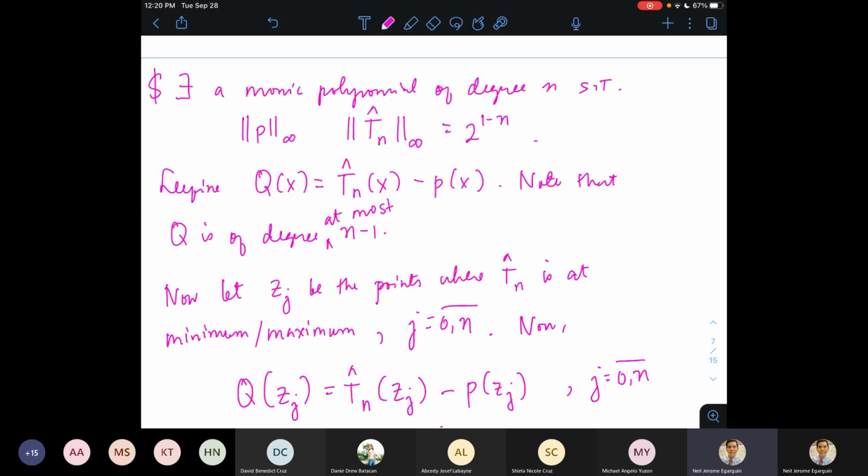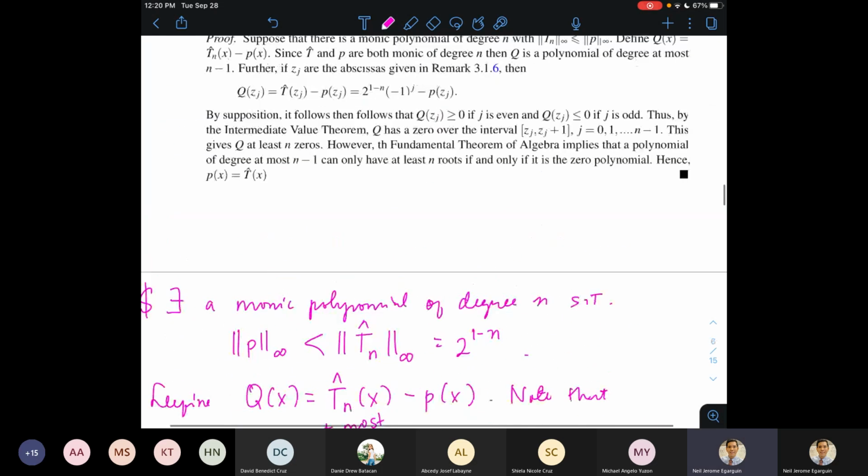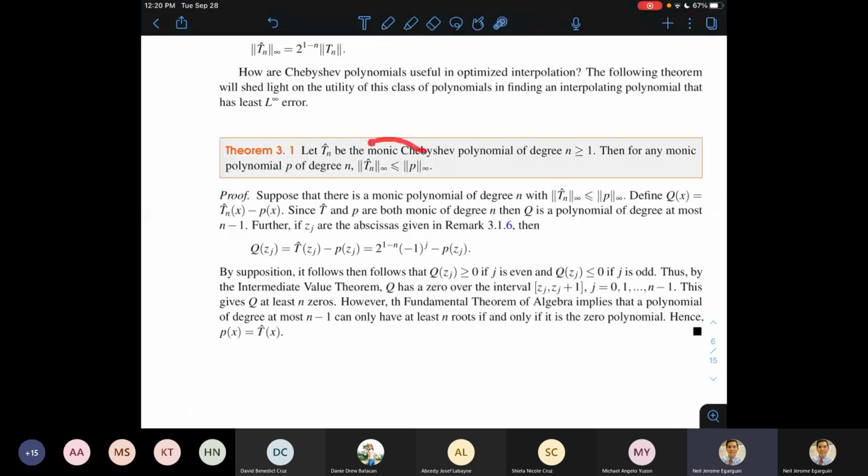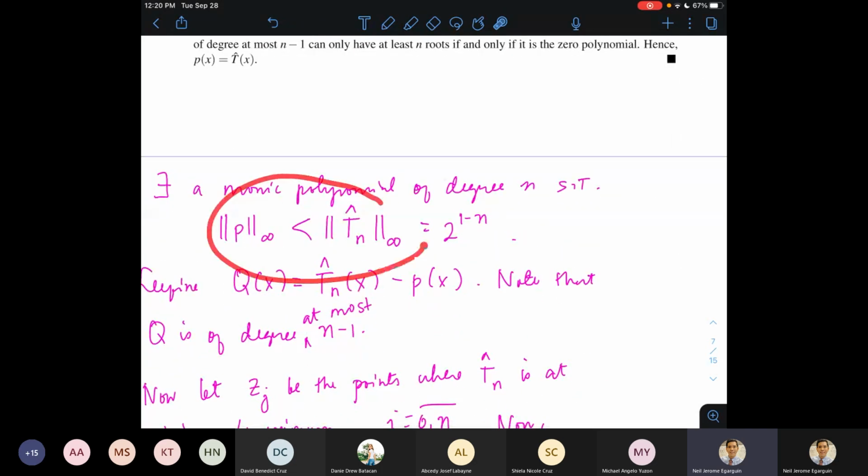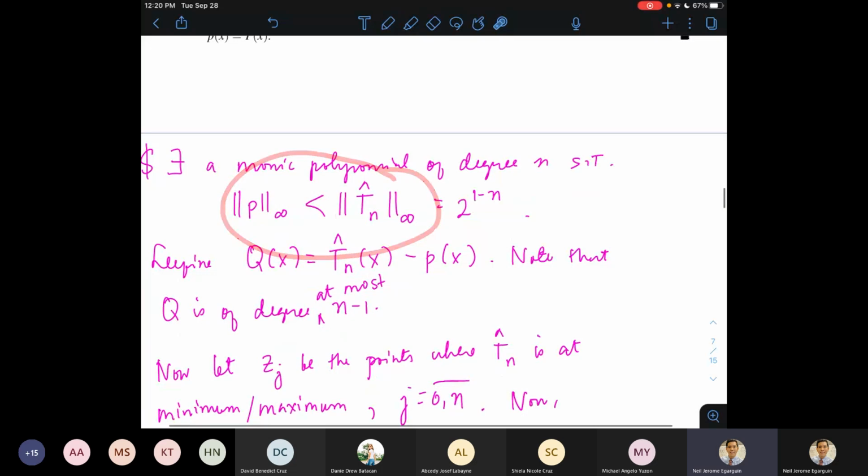So dapat ito ay less than. Kasi ninegate ko yung conclusion ng theorem. Ang conclusion ng theorem ay Chebyshev less than or equal to L infinity norm ni P. So pag ninegate ko siya, magiging less than. Tapos, ang L infinity norm ni P ay mas maliit kaysa sa 2 to the 1 minus n.